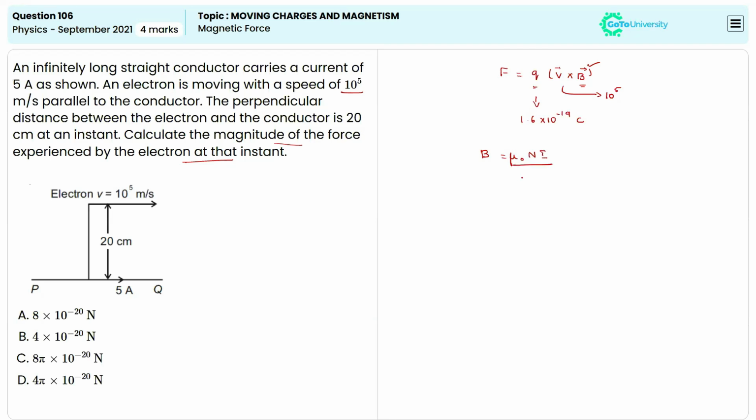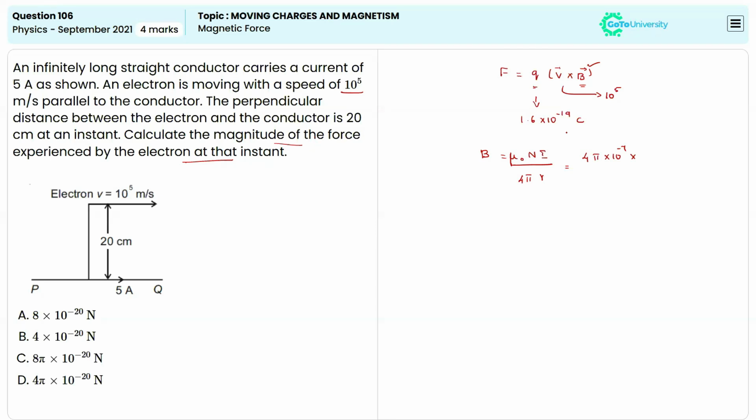Mu naught divided by 4 pi is representing the permeability of free space, right? So we can write the value 4 pi times 10 to the power negative 7. Whereas n is representing the number of turns, which is given as 2 in the question.